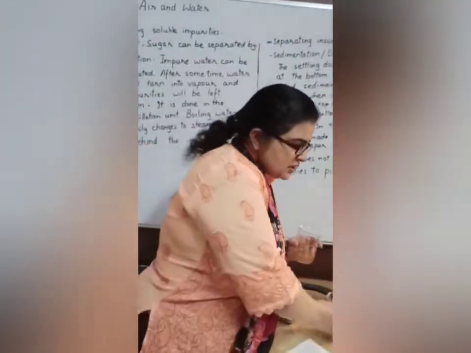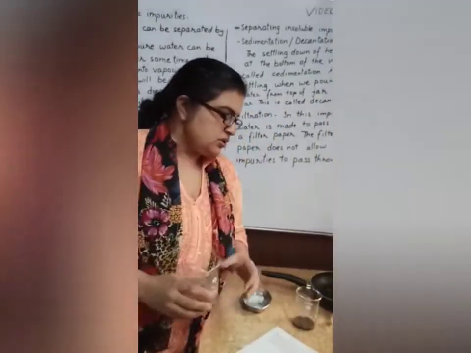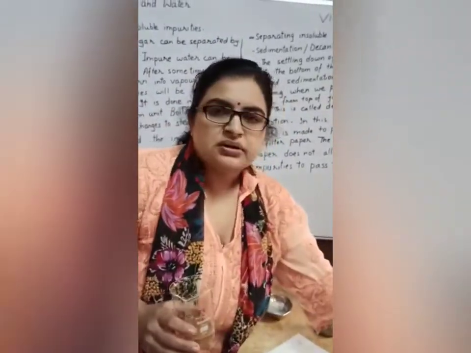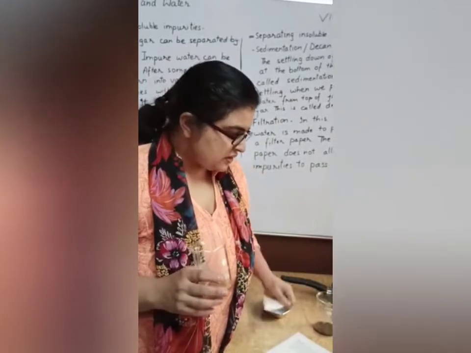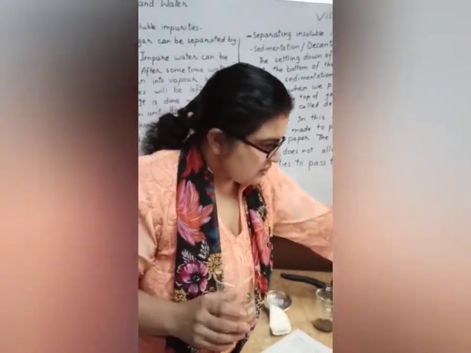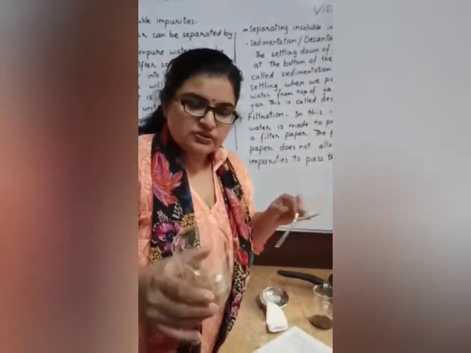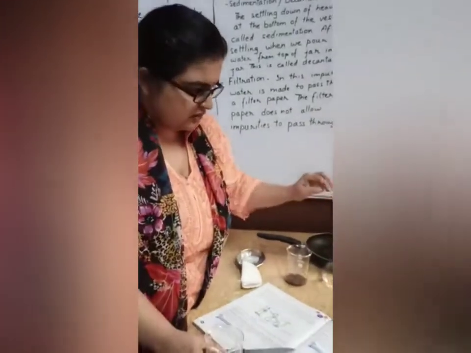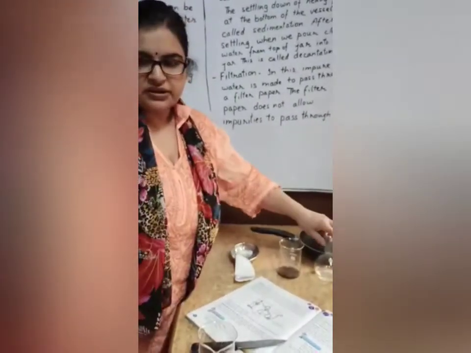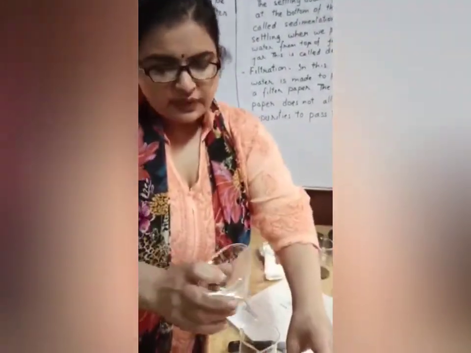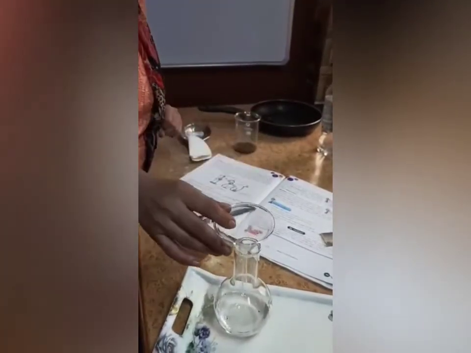Another process that you will be studying is filtration. For filtration, I am going to filter this water. We need this funnel. I keep this funnel at this place. Then this is a round filter paper.